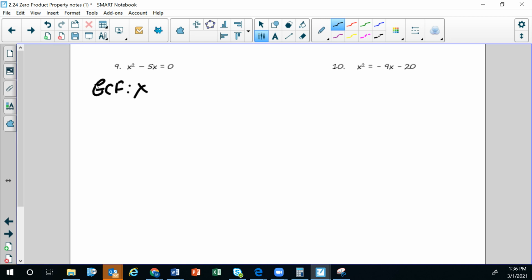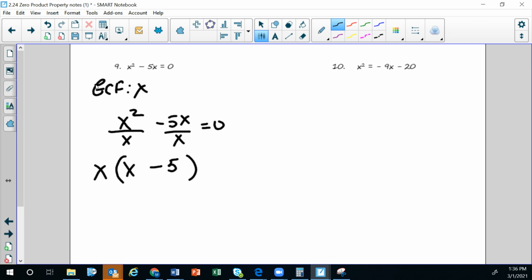And so if I factor x out, I'm going to divide each term by x. X squared divided by x is just x, and negative 5x divided by x is just negative 5. So my factors are x and x minus 5, and that is set equal to 0.